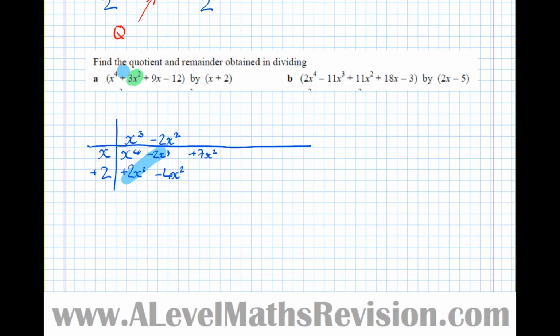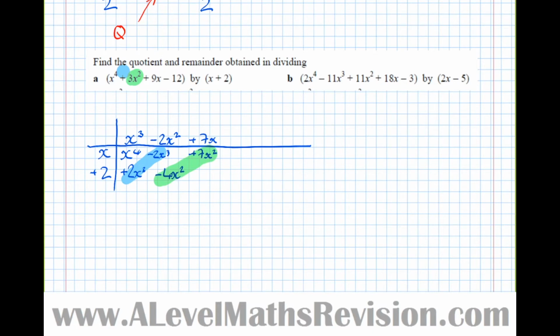So plus 7x squared will do it. So plus 7x goes there. To make the grid work, x times plus 7x is plus 7x squared. Fill in the missing bit. So that's the bit there. That makes plus 3x squared, by the way.